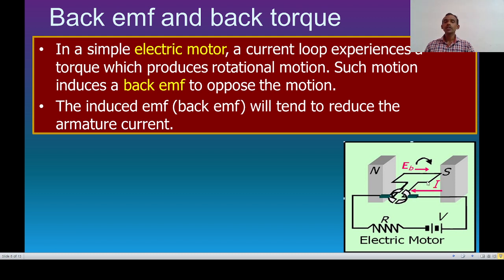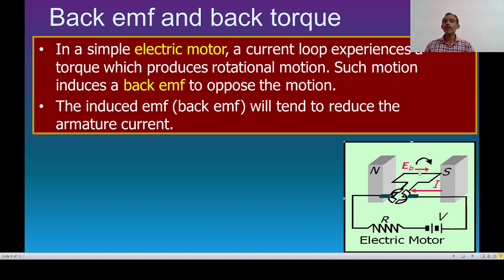Such motion induces a back EMF to oppose that motion. Here in this loop, an induced EMF will be produced, and we can call that induced EMF the back EMF.